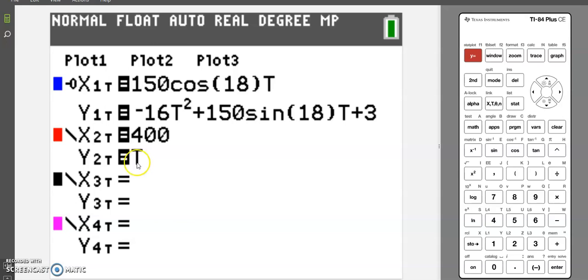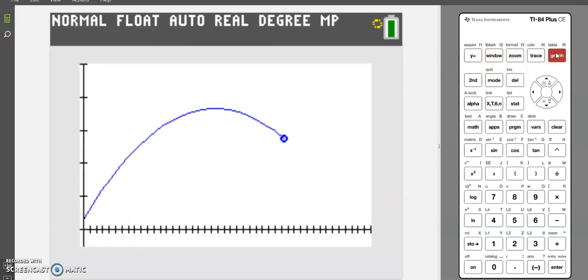Since I went from 0 to 4 and I want the fence to be 20 feet high, what do you think I need to make this? Well, since T goes up to a maximum of 4, if I put a 5 times T here, when T is 4, then the Y height will be 20. And let's graph again. And there is that, and here's the fence.